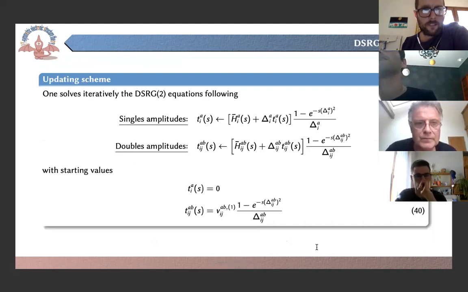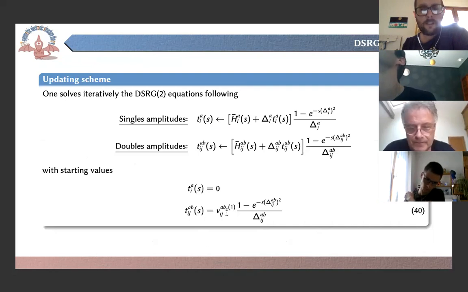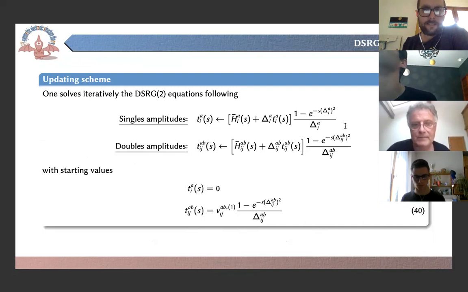And so basically I have an updating scheme like in coupled cluster. I start with a set of amplitudes that are given by perturbation theory: 0 for the singles, and for the doubles the amplitudes that you get from second-order perturbation theory. And I update them. I plug them here and there.